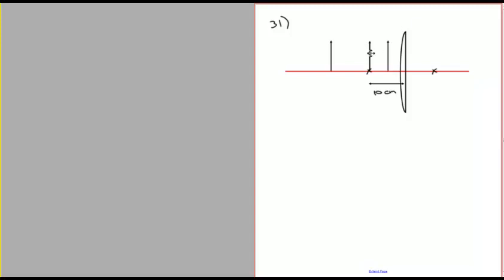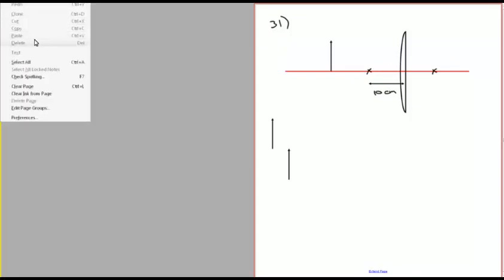Probably the best thing to do is just to do all these separately. So I'm going to copy this. You can actually bounce the arrows off of there. Interesting, didn't know that. Edit, copy, then paste.